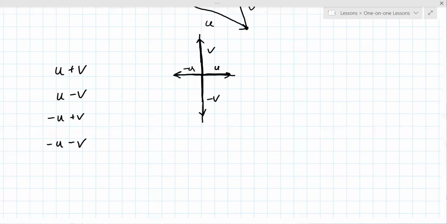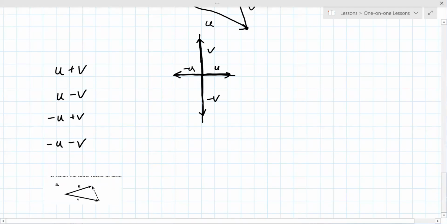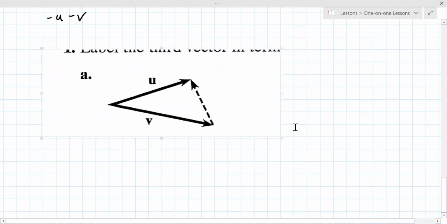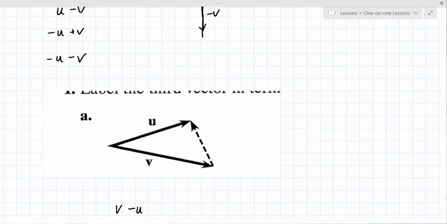So it just means you flip the direction of them. Let's look at A and see if we can come up with how to do these. This one's more confusing. I don't know why it's first, but it is. Let's say you went V to here. What is V minus U? What does minus U mean?